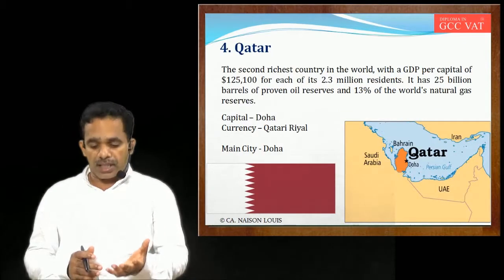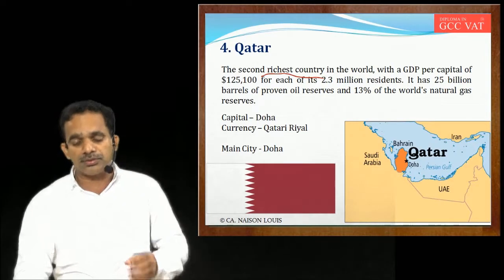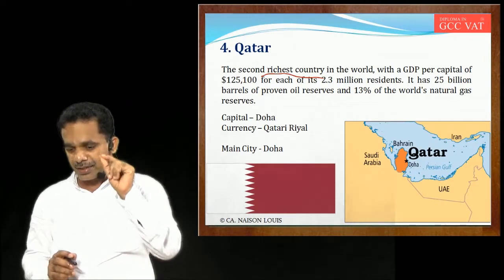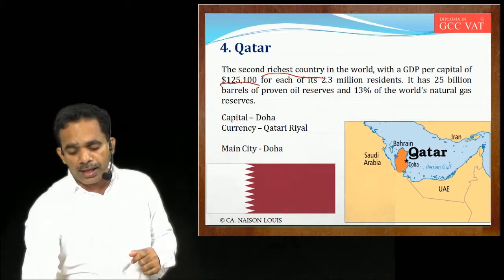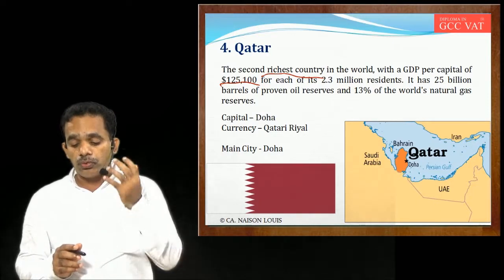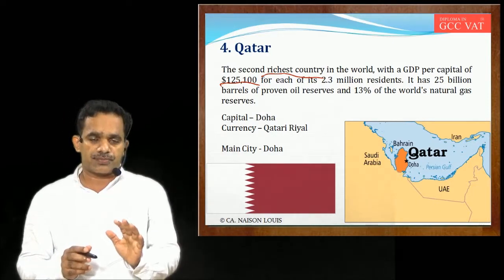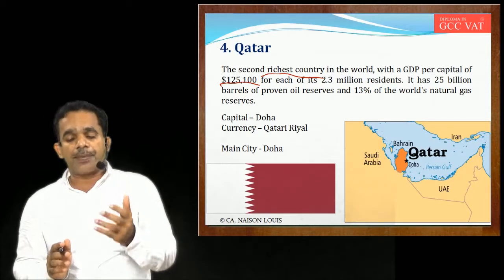Then the fourth country is Qatar, the second richest country in the world. Just imagine, the second richest country in the world, that is Qatar, with a GDP per capita of $125,100 for each of its 6.3 million residents.